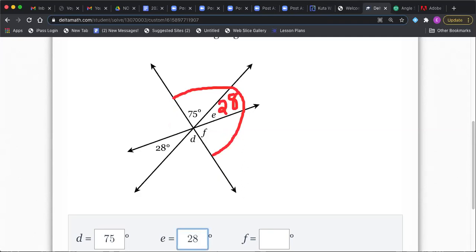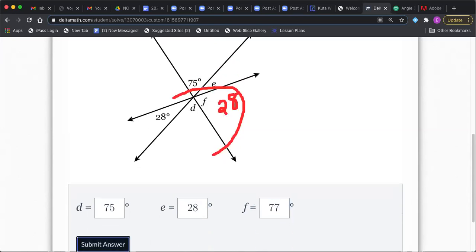So F ends up just being 77. Yes, I had to do a little bit of math, but I only had to do it for one angle, not for three of them. Just be mindful of that. Vertical angles are going to save you so much time.